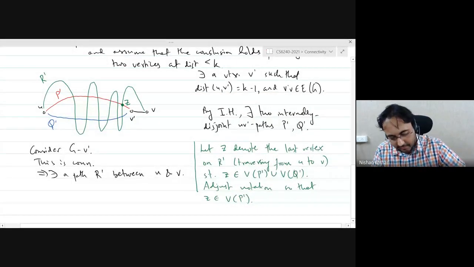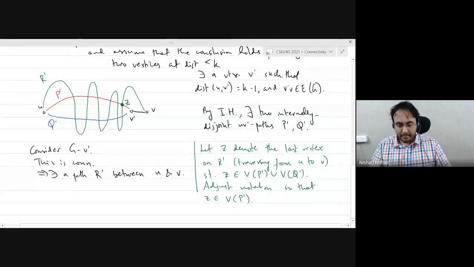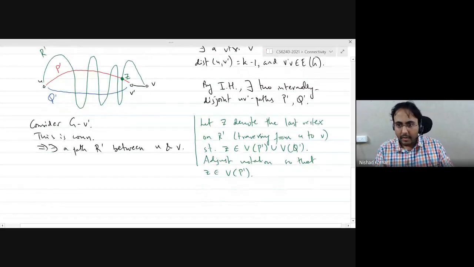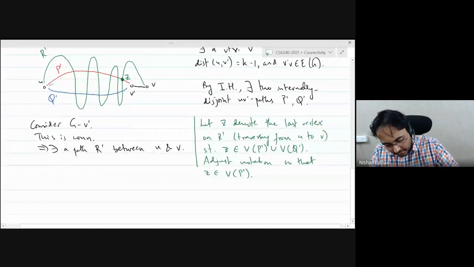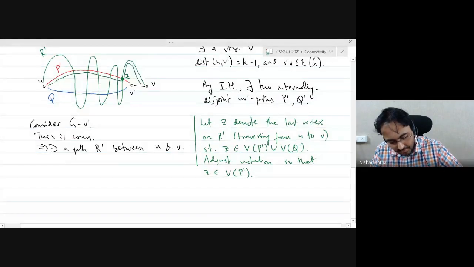So I can relabel P prime and Q prime so that Z is on P prime. Okay. And now, as Kalyani suggested, we are going to take the path P prime from U to Z, right? So we are going to take this path and then take the path from Z to V on R prime. And our second path is going to be just Q prime with the last edge V prime V.